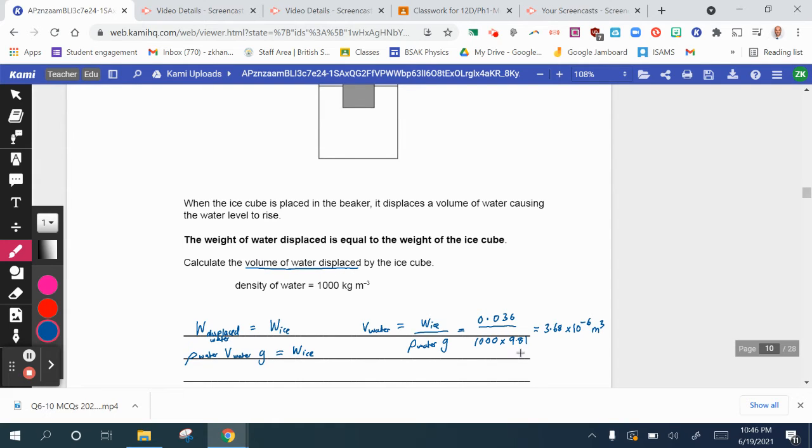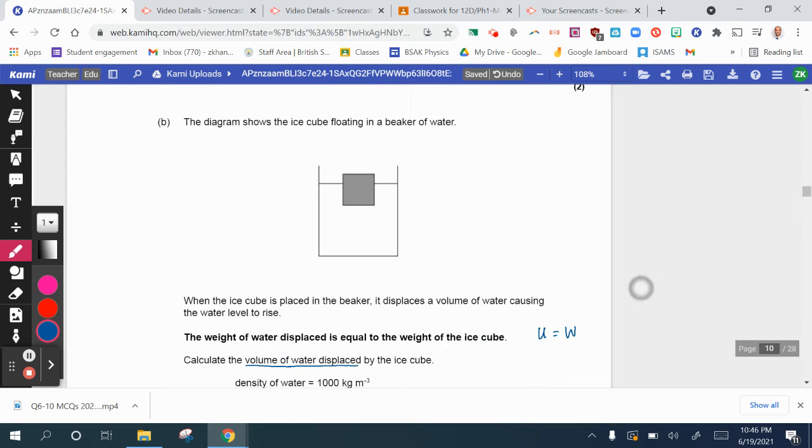If this statement was not there, we know that the upthrust is equal to the weight of the water displaced as well. Okay, so here we've got the statement: the weight of the water displaced is equal to the weight of the ice cube. So we've got the weight of the ice cube, which is here.